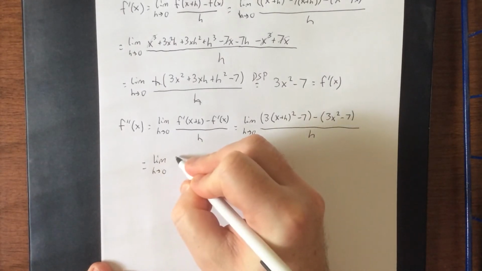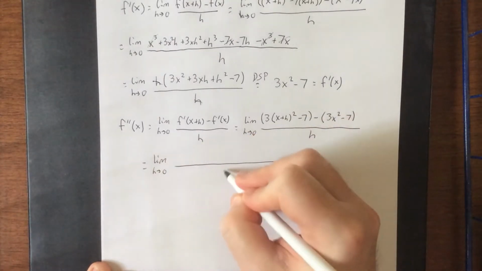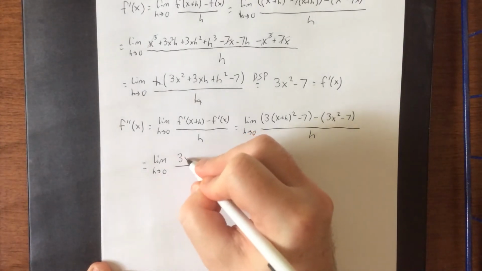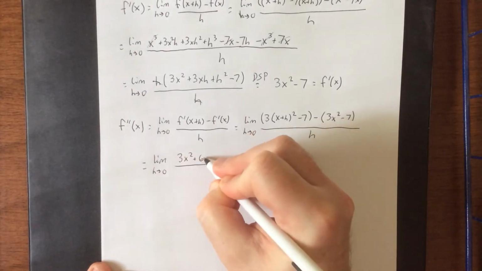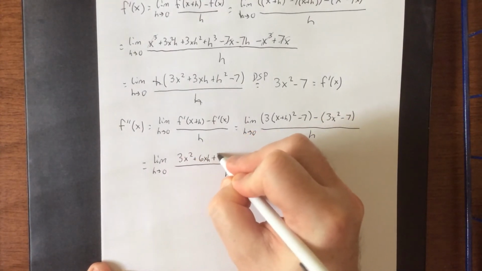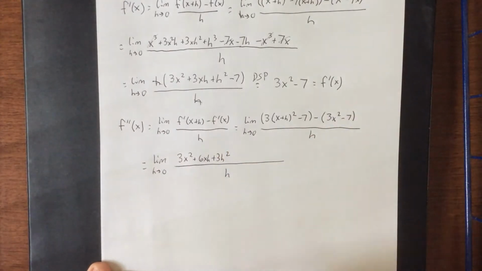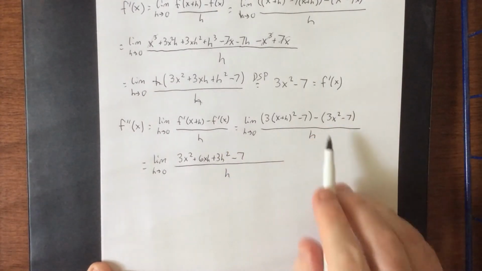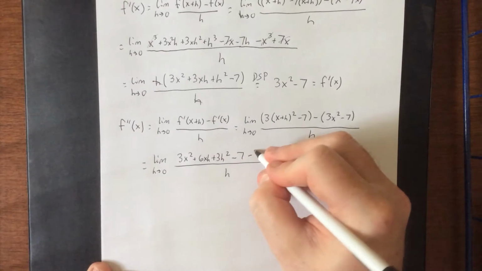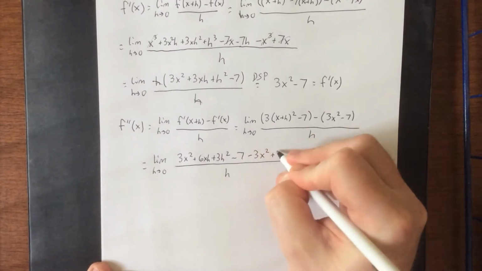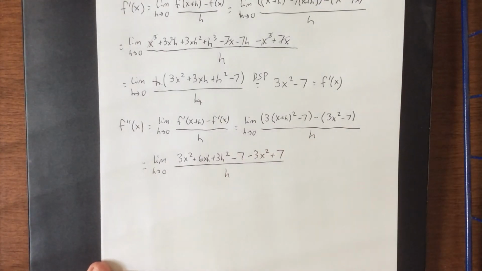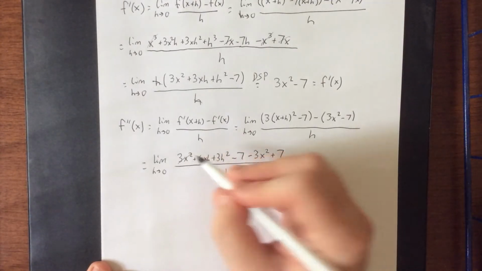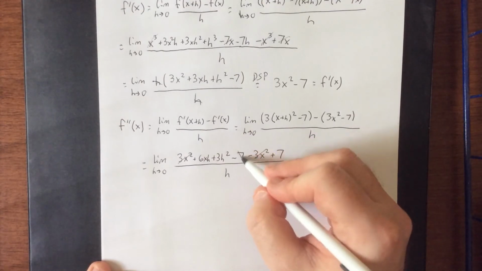If you'd like to try this for yourself, please feel free to do so. The result that you get should be 3x squared plus 6xh plus 3h squared. Distributing the negative sign to the second set of parentheses, we'll get minus 3x squared plus 7. At this point, you should see some things cancel out, specifically 3x squareds and the 7s.